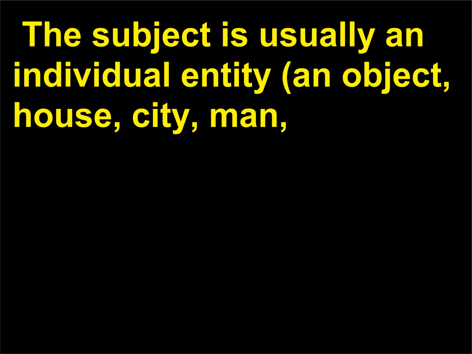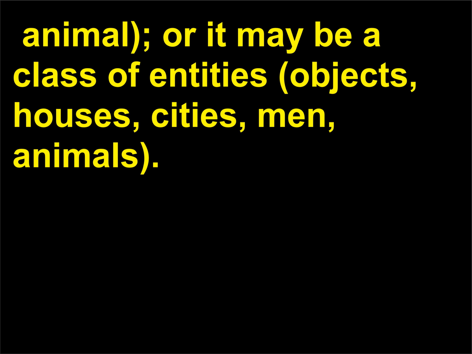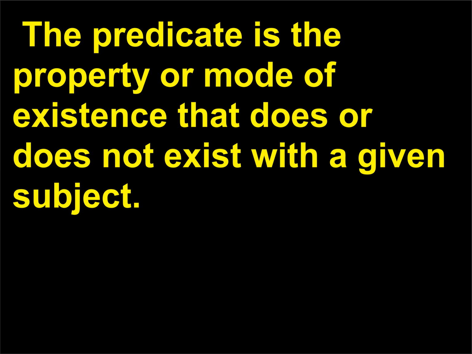The subject is usually an individual entity, an object: house, city, man, animal. Or it may be a class of entities, objects: houses, cities, men, animals. The predicate is the property or mode of existence that does or does not exist with a given subject.